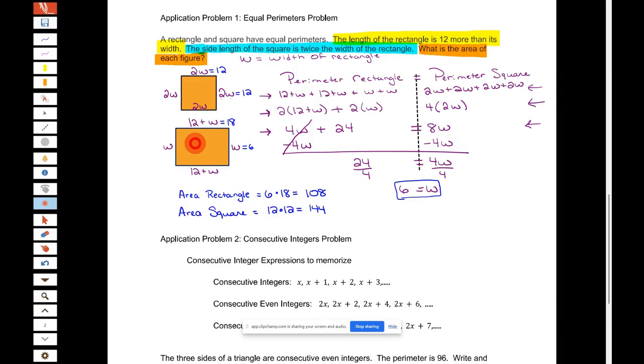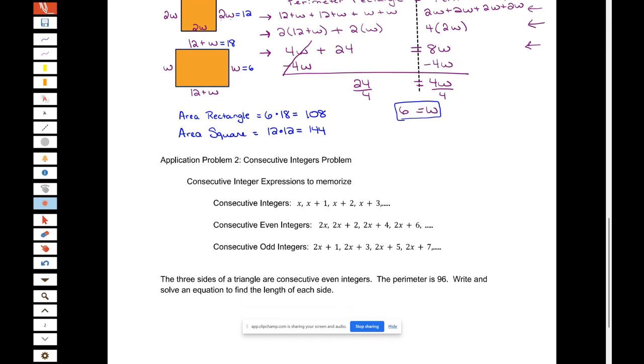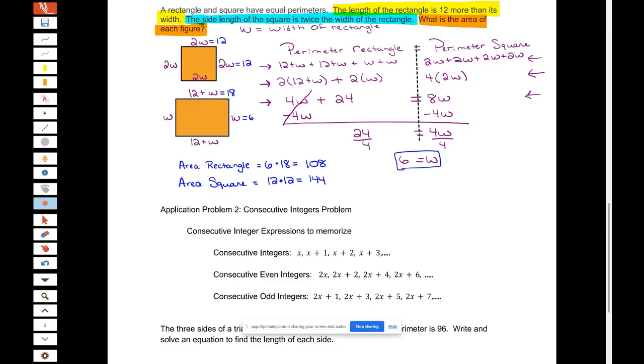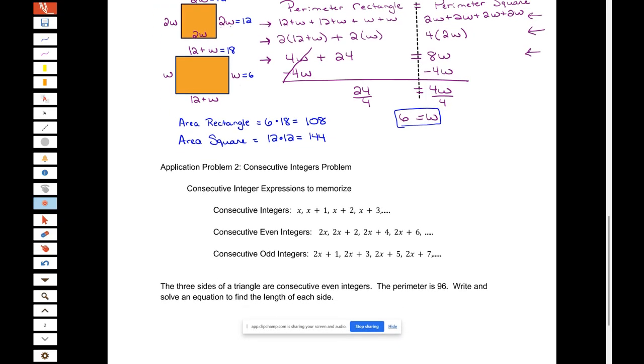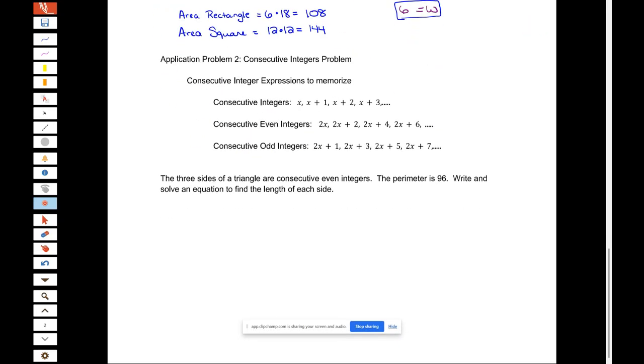So the perimeter of this would be 48, because that's what you would get if you added all four sides. Remember, perimeter is adding sides, area is multiplying two sides. Here, if you added 12 and 12 and 12 and 12, you would get 48 for the perimeter. So just in case they were to ask that. So there's our perimeter and rectangle equal problem. You do have one of those on the homework worksheet.